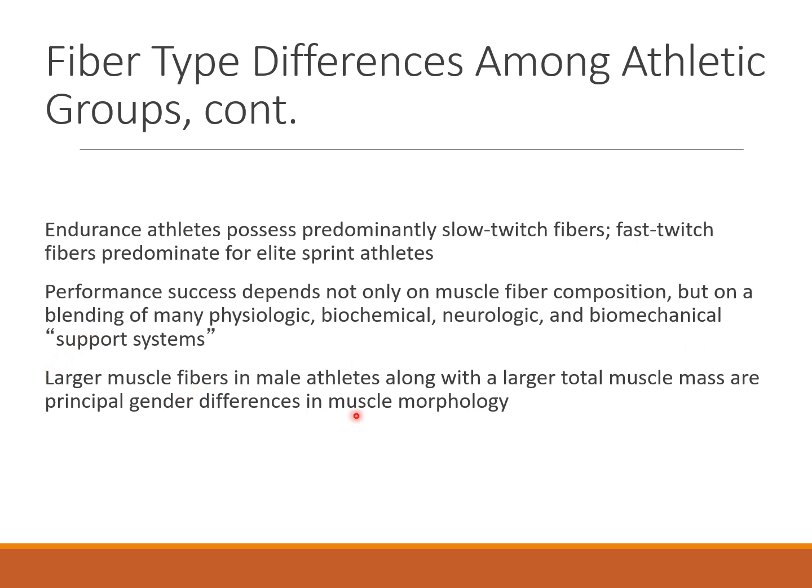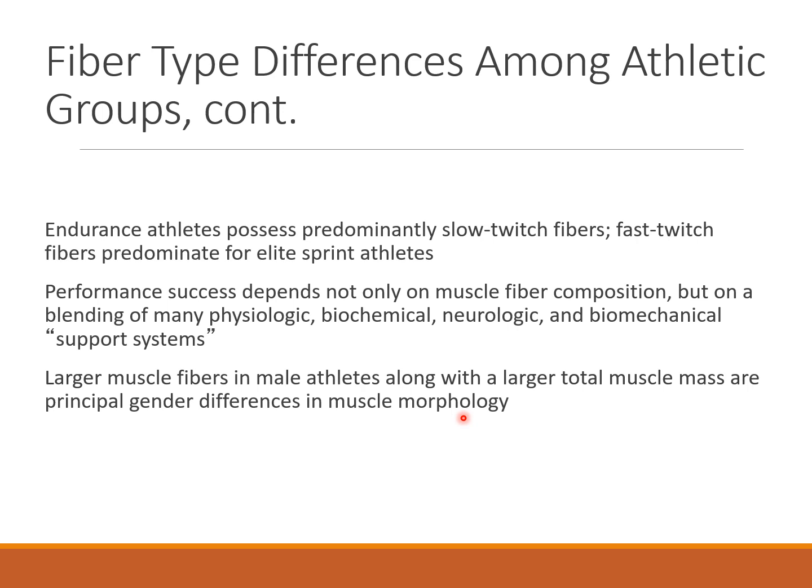Larger muscle fibers in male athletes, along with larger total muscle mass, are the principal gender differences in muscle morphology between males and females. So if you have a male sprinter and a female sprinter, basically the biggest difference between those two is going to be the fact that the male's going to be slightly larger because he can carry more muscle mass and those muscle fibers are going to be a bit bigger.